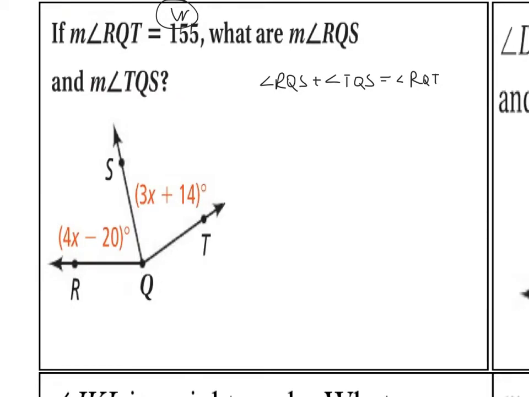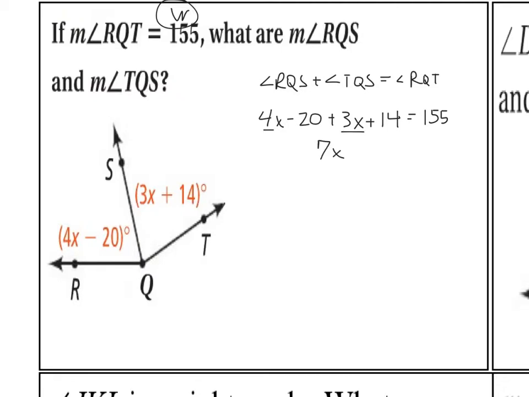Okay, so I'm going to use some substitution here. Angle RQS, that's 4x minus 20, plus angle TQS, which is 3x plus 14, and that's going to equal RQT, which they told us in the beginning is 155. And now I have to solve the equation. I'm going to combine like terms: 7x.